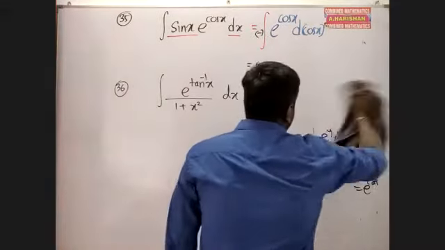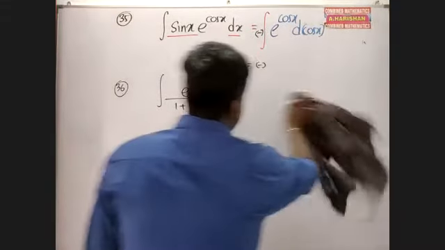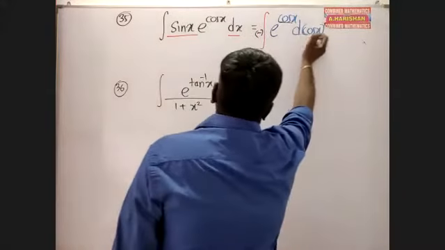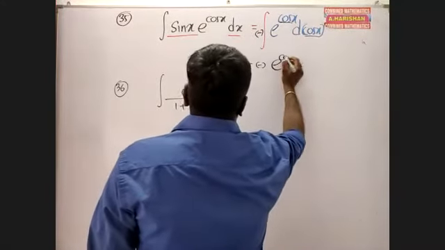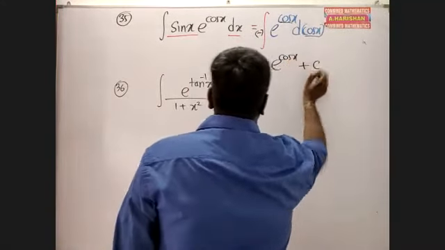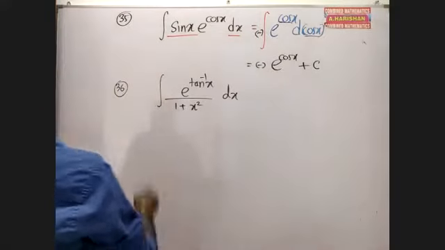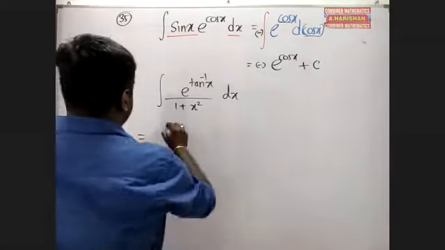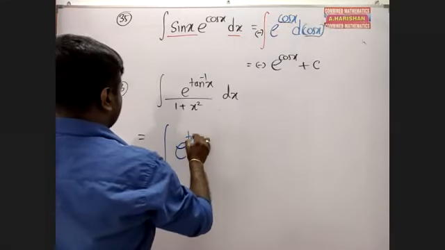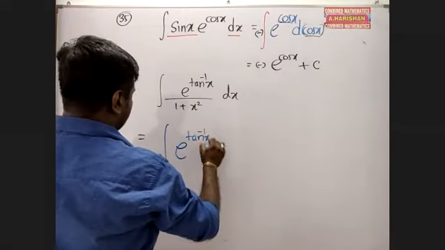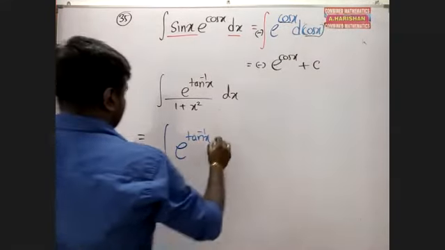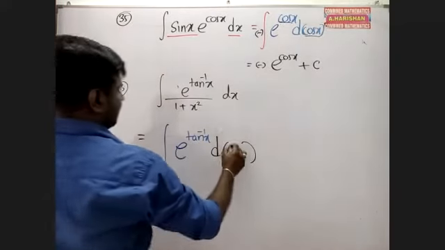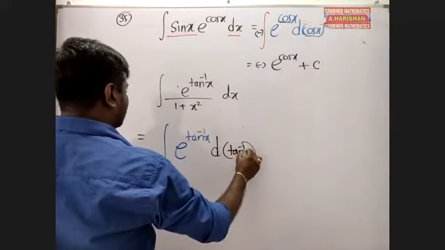Now you are okay. Tell me, e to the power cos x d cos x. Then e to the power cos x is the answer plus c. That's it. What about this one? Now obviously you realize, that's easy, because e to the power tan inverse x, and this 1 over 1 plus x square is d tan inverse x.